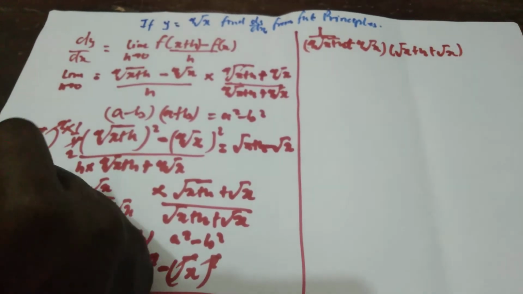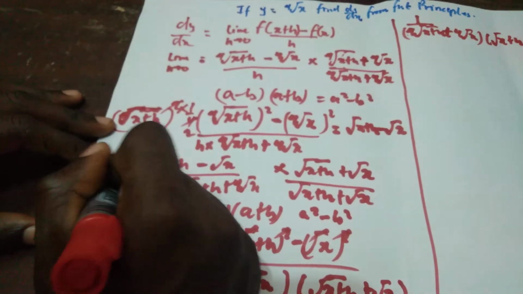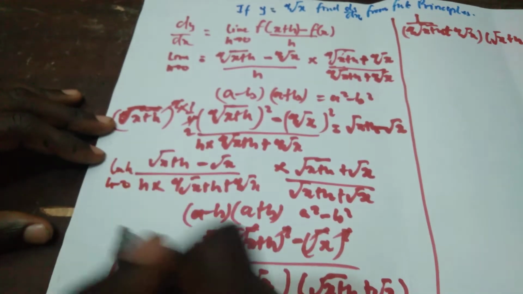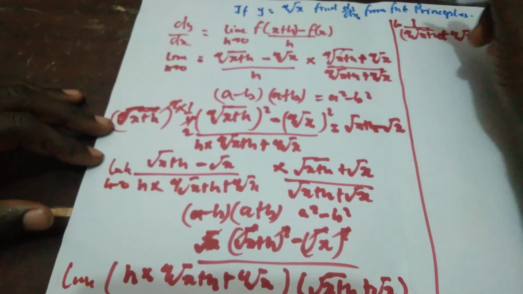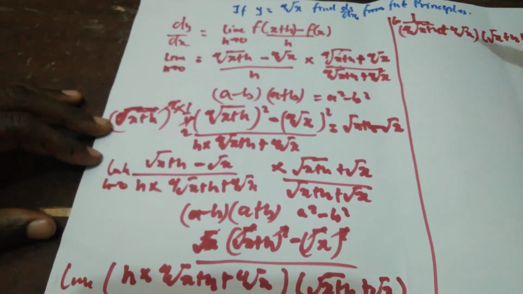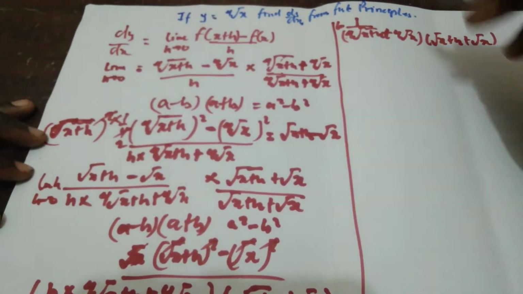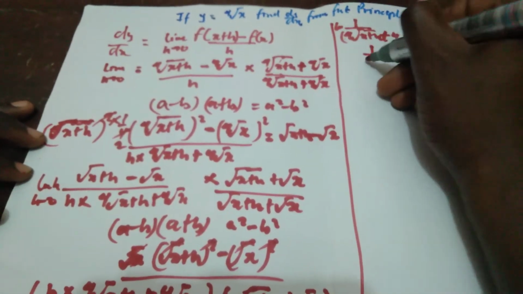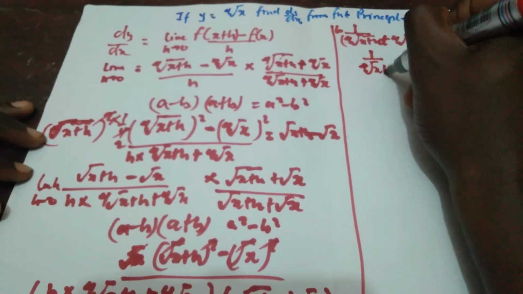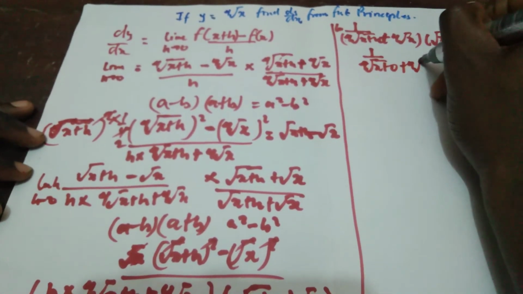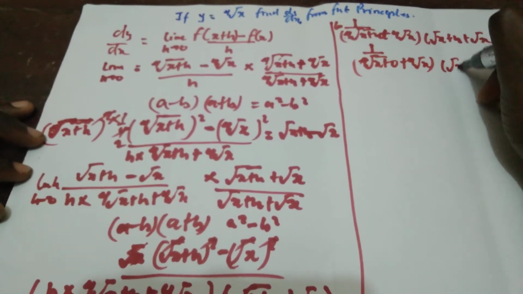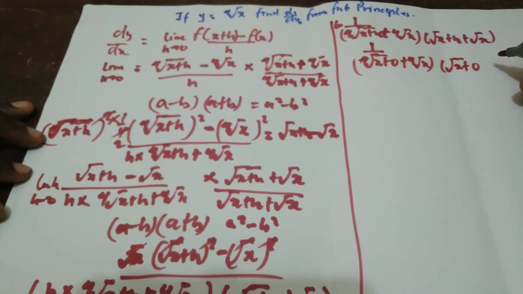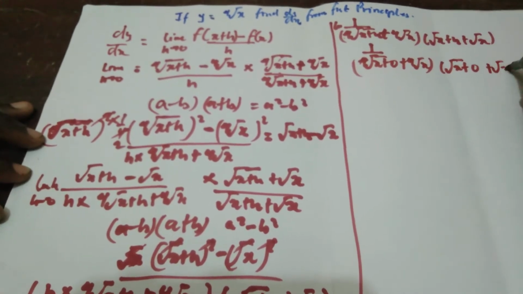I forgot to write something: the limit as h approaches 0. It should come everywhere. The limit as h approaches 0 means wherever you see h, you put 0 into the function. So 1 over the fourth root of x plus 0 plus the fourth root of x, and root of x plus 0 plus root of x.